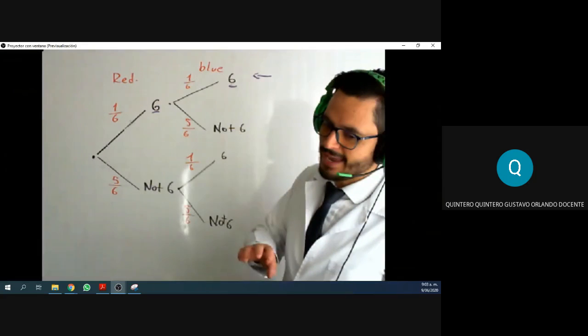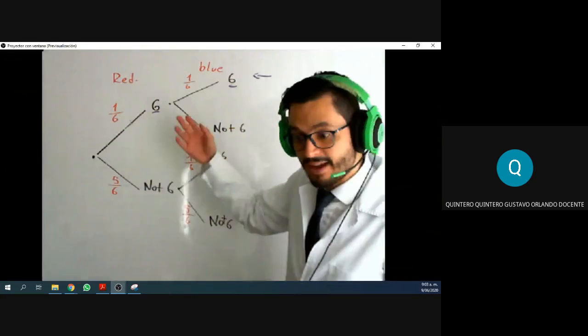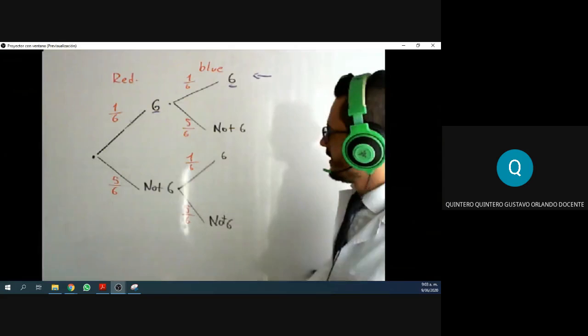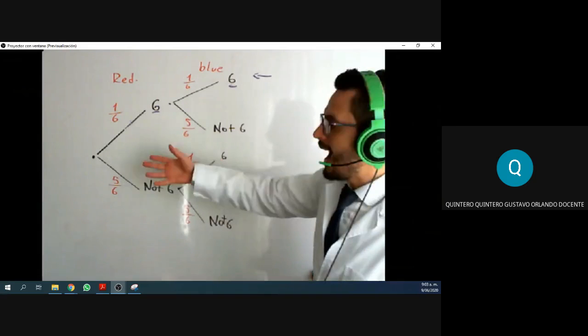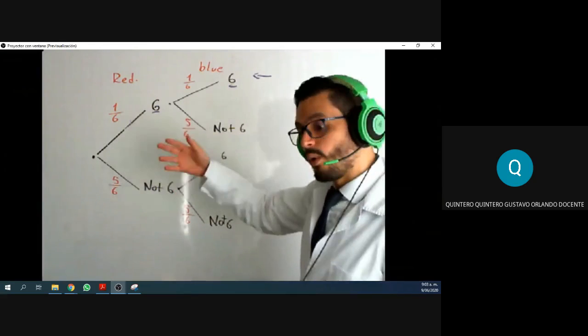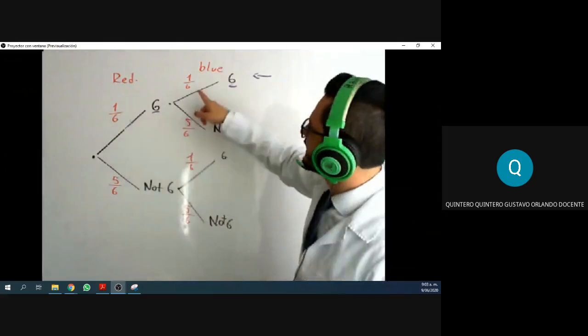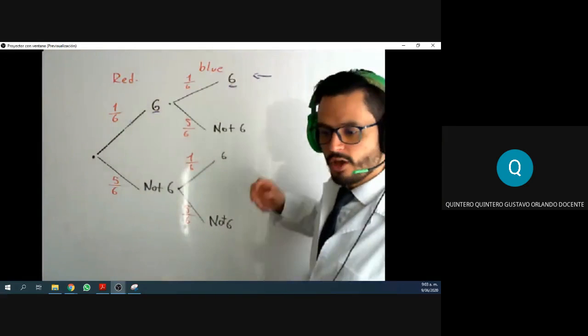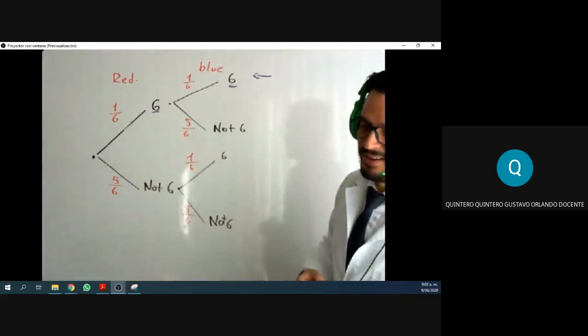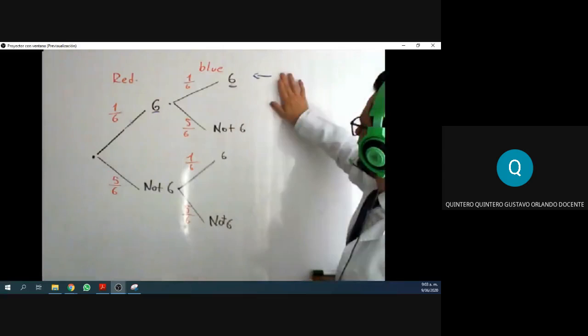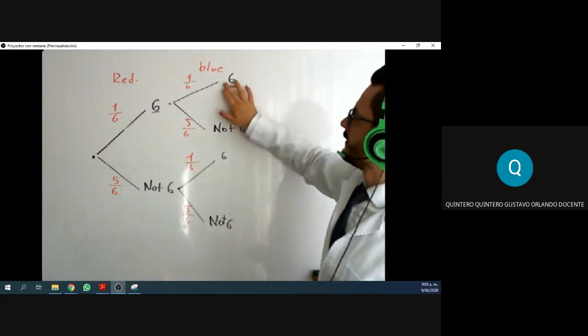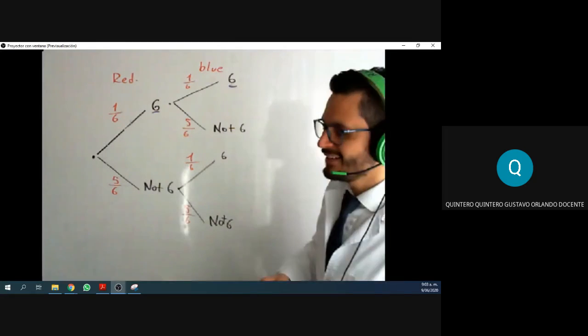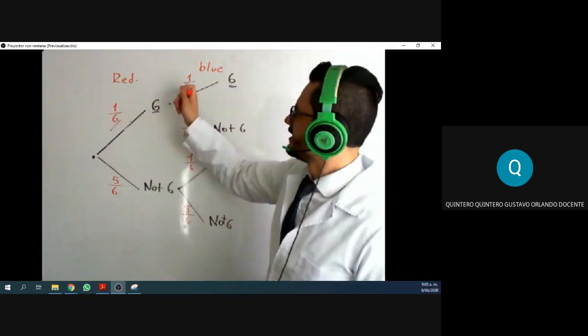We haven't gotten that far yet with the probabilities; we can find the probability at the end. But the idea here is to understand how to read the rows, the ways. Now that we have selected our row, we can calculate the probability. And the easiest way to calculate the probability is by multiplying these two.